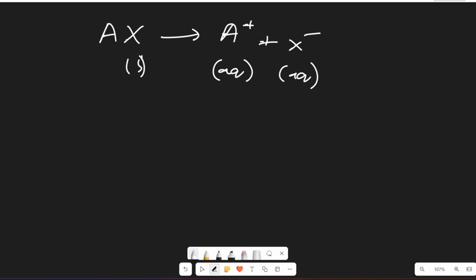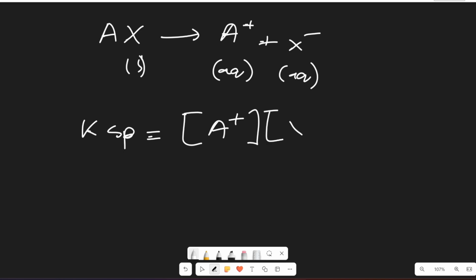So essentially the KSP equals the product of the concentrations of A plus and X minus. And this would be our KSP expression.